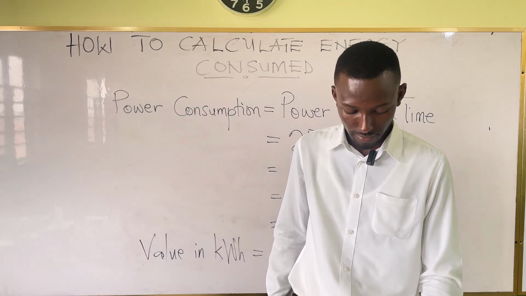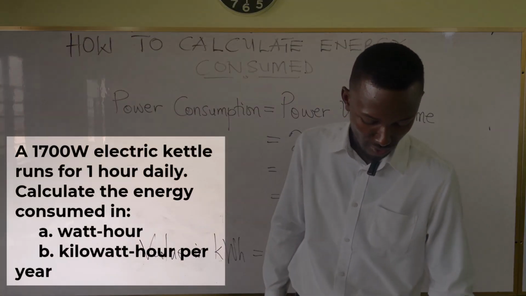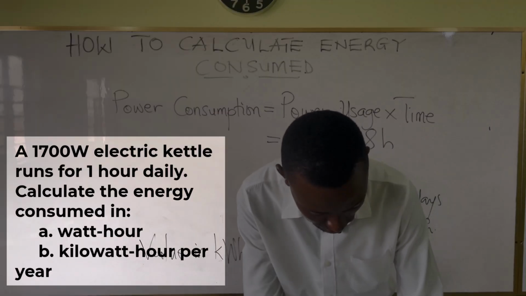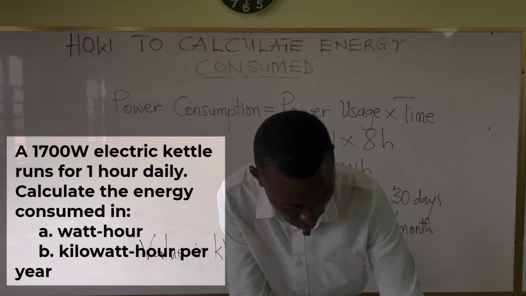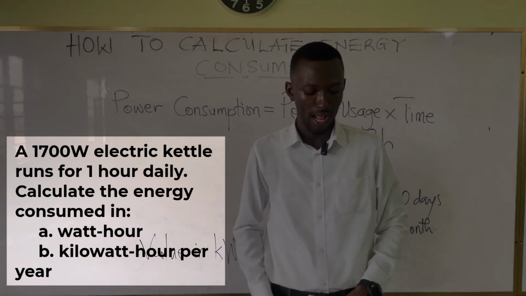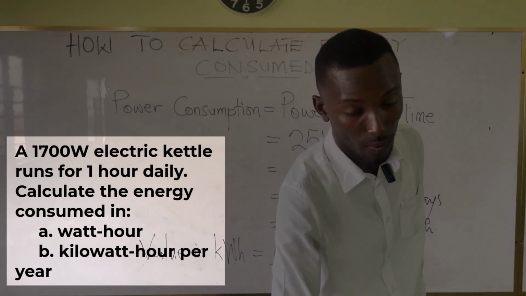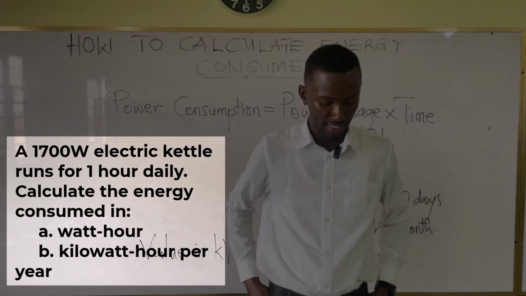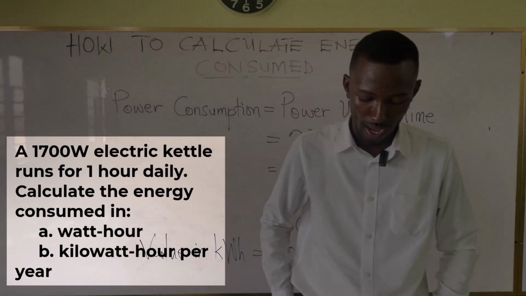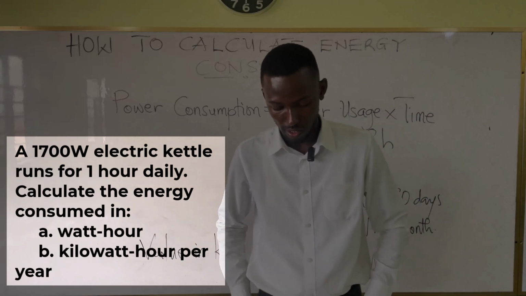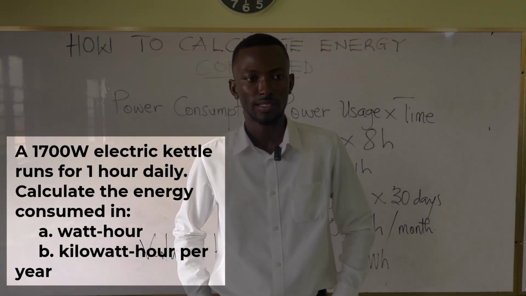Right, done. Now solve this. A 1,700 watt electric kettle runs for 1 hour daily. Calculate the energy consumed in watt hour and kilowatt hour.